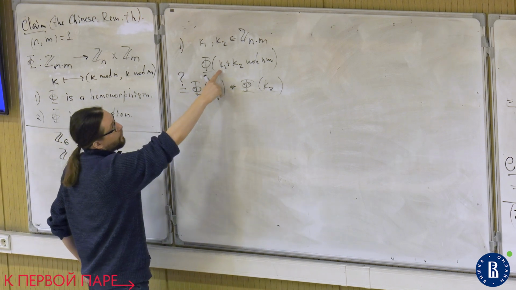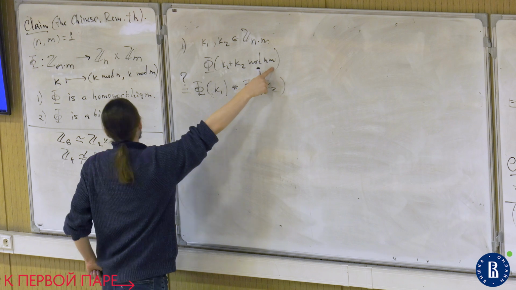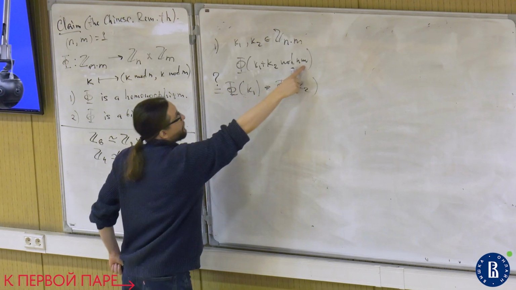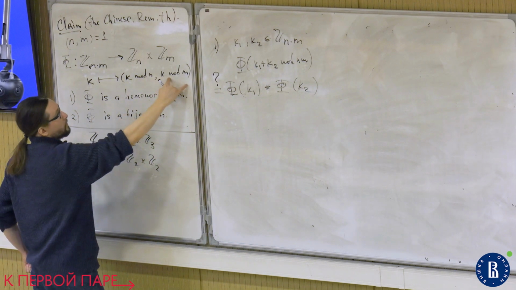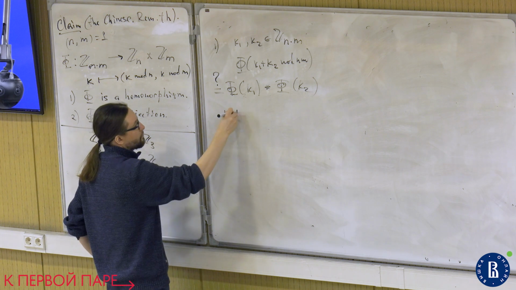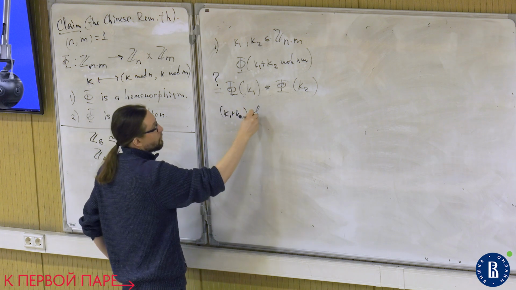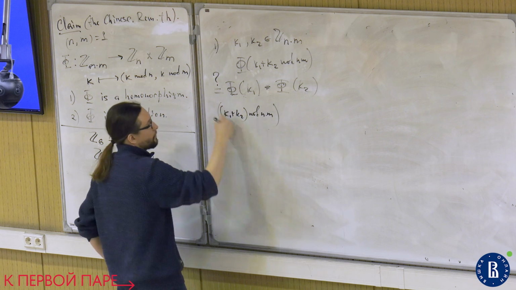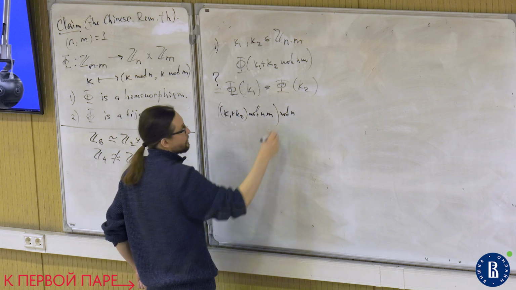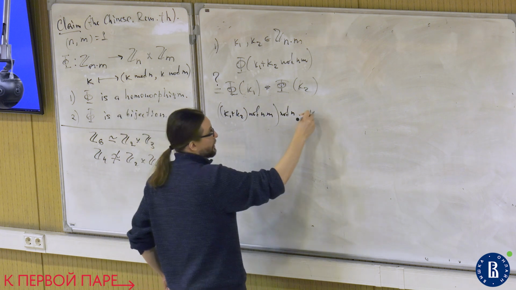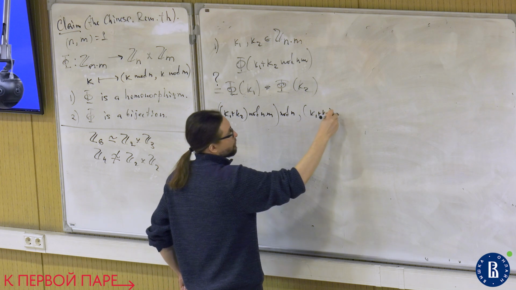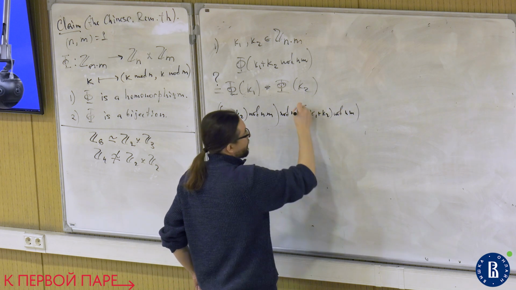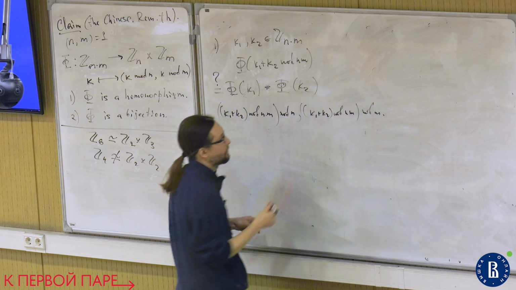We have k1 plus k2 modulo nm, and then we should map this element to this pair. So we take k1 plus k2 modulo nm, and then we take it modulo n. And the second element will be k1 plus k2 modulo nm, and then we take it modulo m.